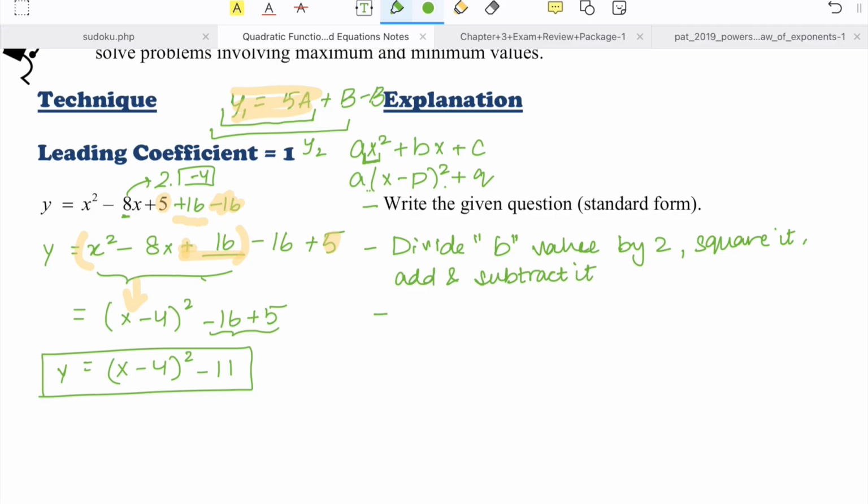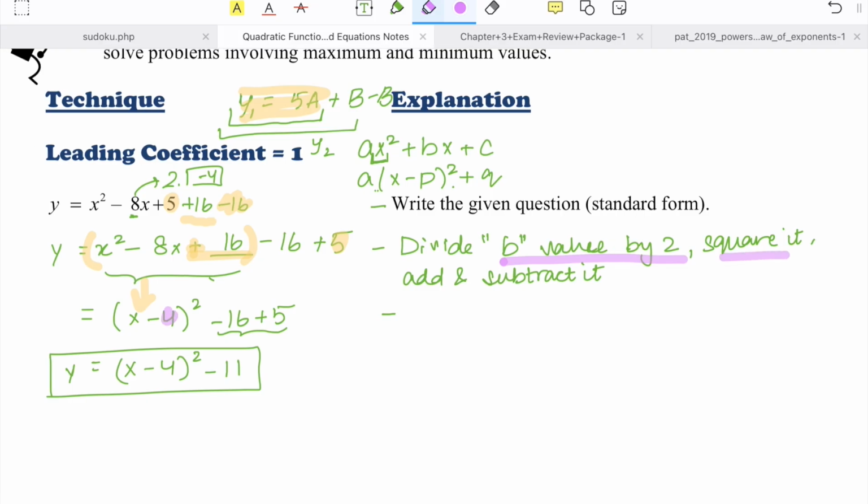Okay, so what they mean over here is we are going to divide our b value by 2, which is how we got 4, right? Do 4 square it, which was 16. Add and subtract it, okay?